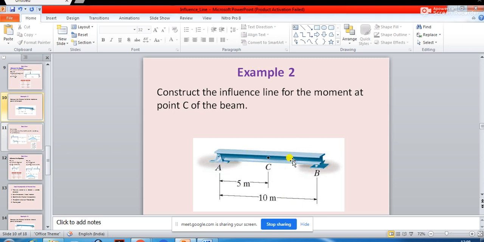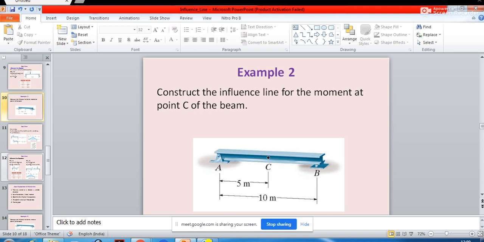So C is the midpoint of the beam. Now, what you will have to do first is find the moments at different positions of this beam because of the load being moved over the beam.